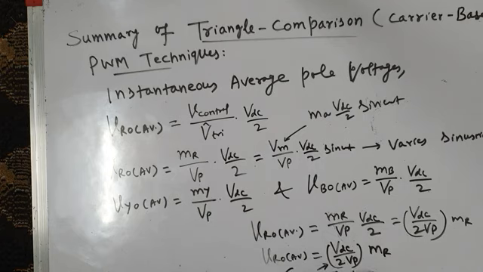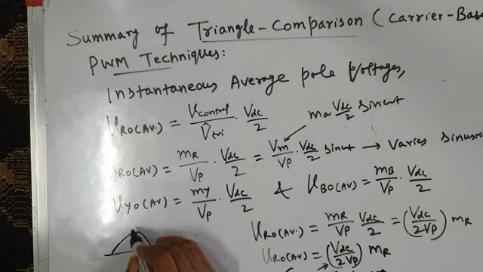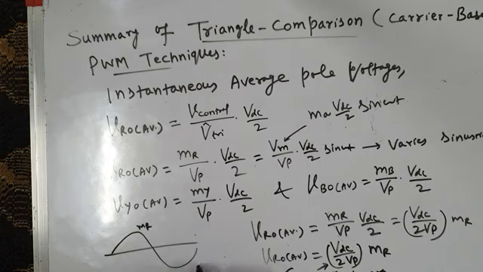Because just a few moments back I told you that if this is your modulating wave MR, your pole voltage will also be sinusoidal. Pole voltage VRO, the instantaneous average values, will also follow a sinusoidal pattern. It will follow the same pattern as MR. But VRO will not be equal to MR. It will be MR into the gain of the inverter.